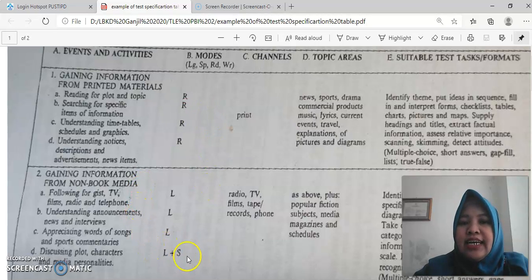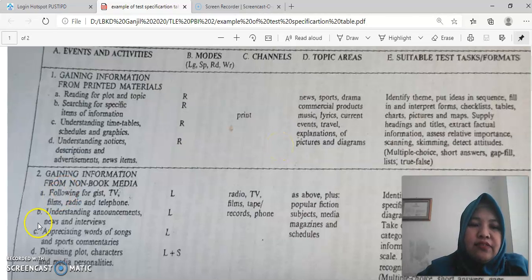Here, for example, listening and speaking. You can read here by yourself the examples of events and activities for testing listening only and for testing the combination of listening and speaking.